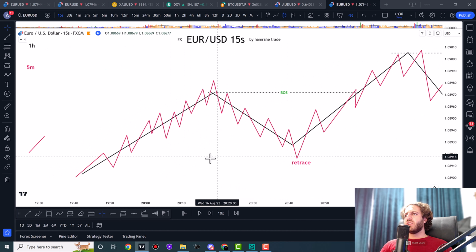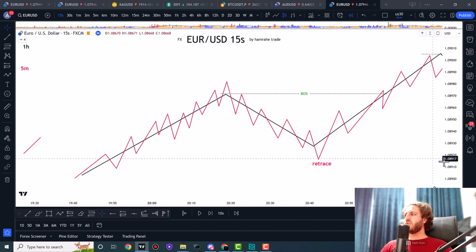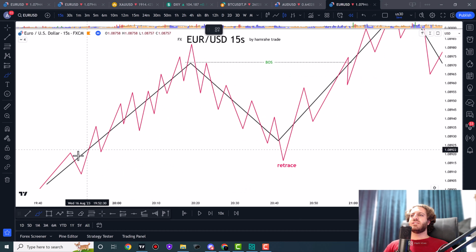So it is one leg of bullish movement in the 1 hour time frame. But if we go to lower time frames, we can see that this wave is made of some ripples, for example, and it went up, it went down, it went up, it went down.